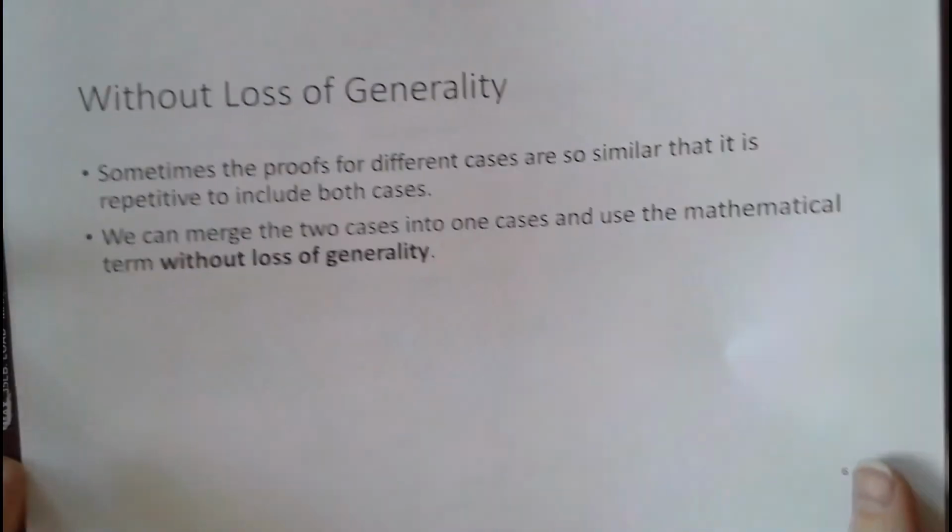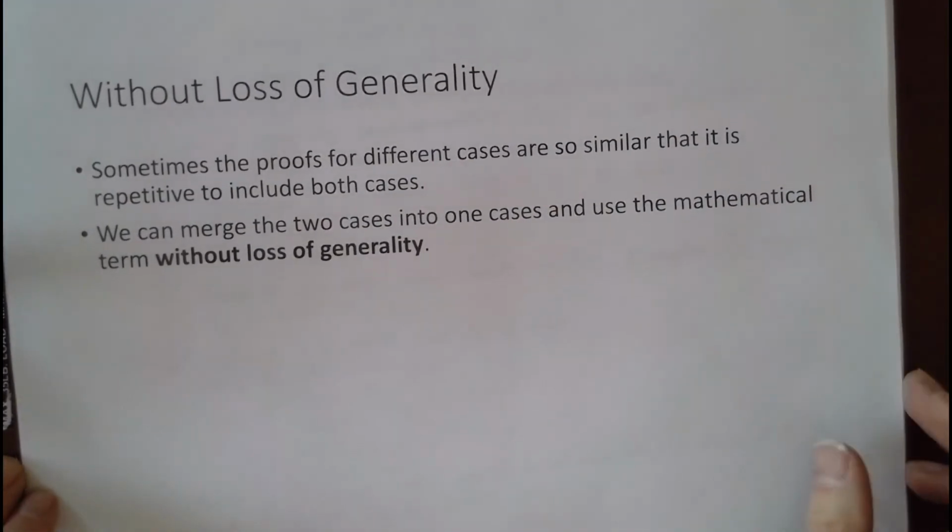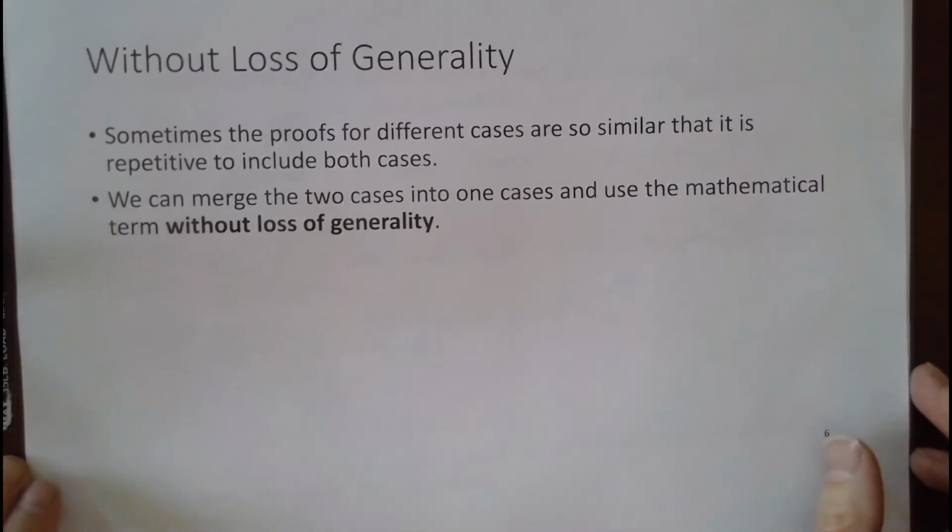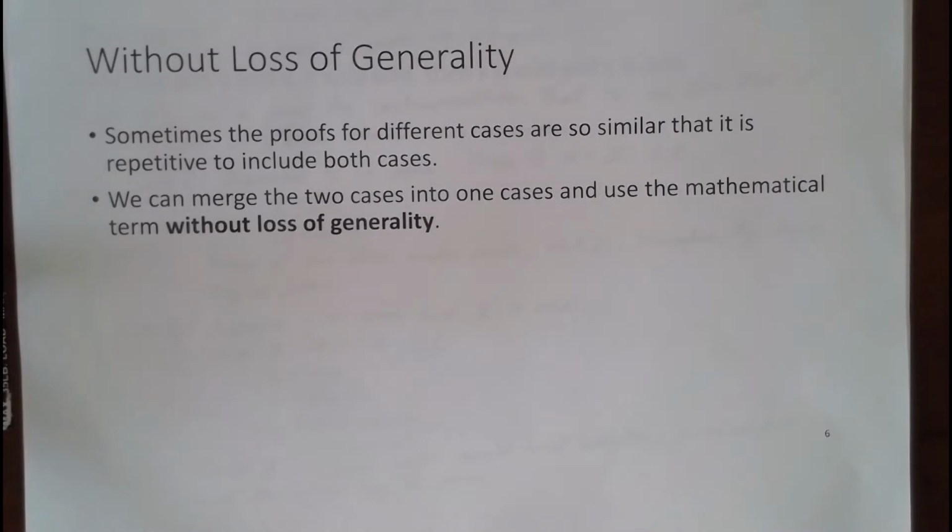All right. So sometimes the proofs for different cases are so similar that it gets to be repetitive, and you really don't need to include both cases. Often you can just merge the cases into just one general case by using the words without loss of generality.